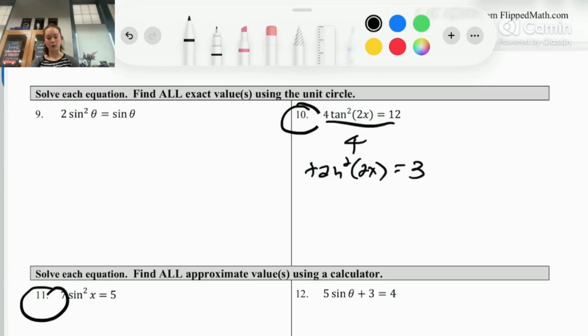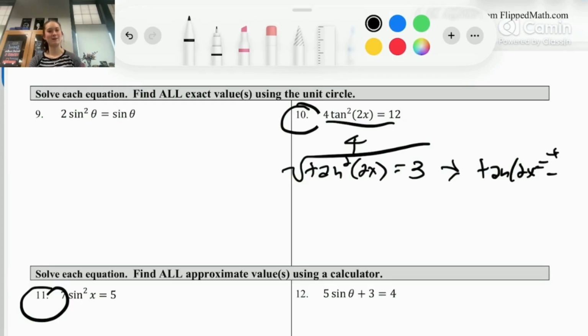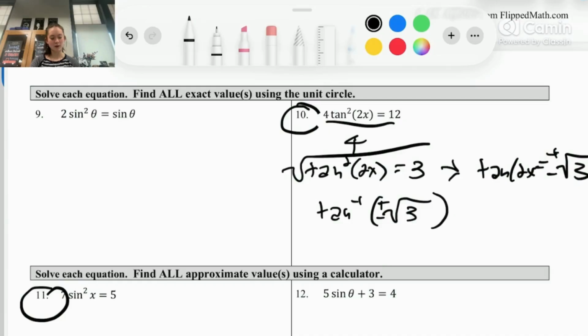Then when you do square root to both sides, that'll get you the tan of 2x equals plus or minus, I'm going to make sure to add that in, that's really important, the square root of 3. Then from there, you'll be able to do tan inverse of plus or minus, don't forget, 3 equals 2x.